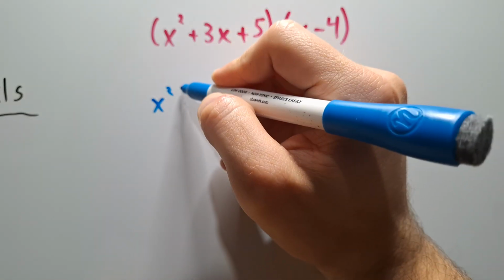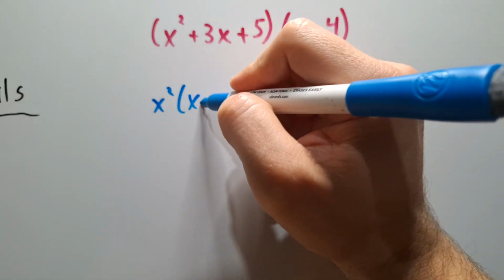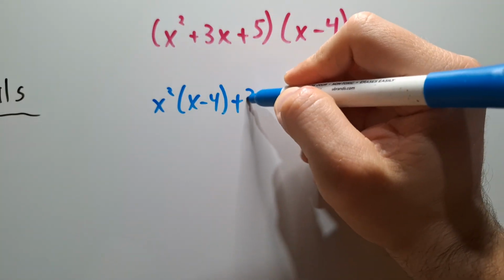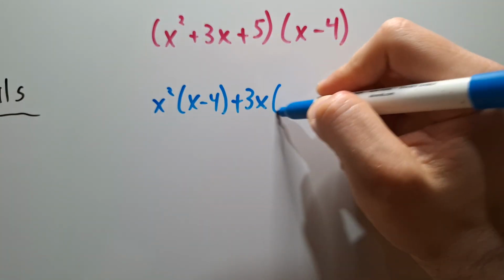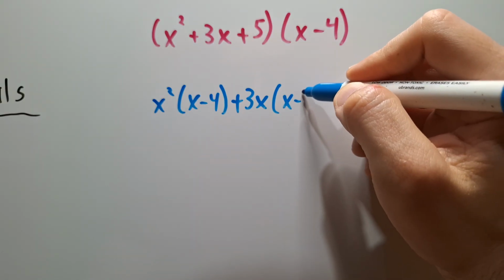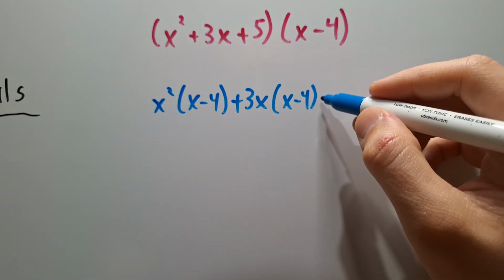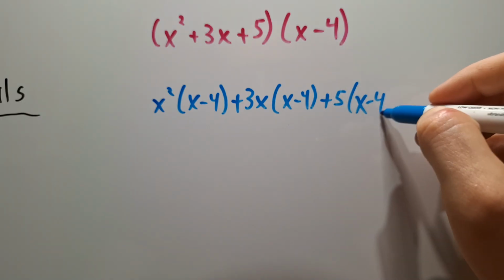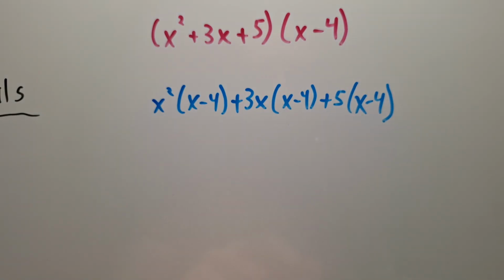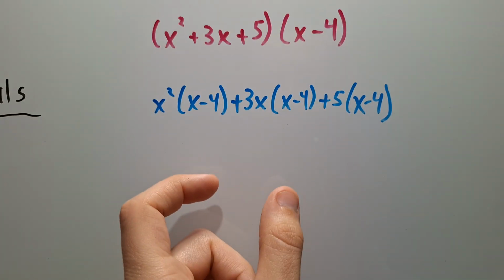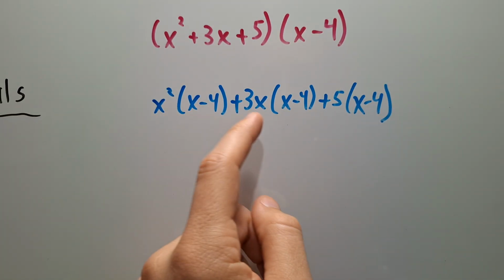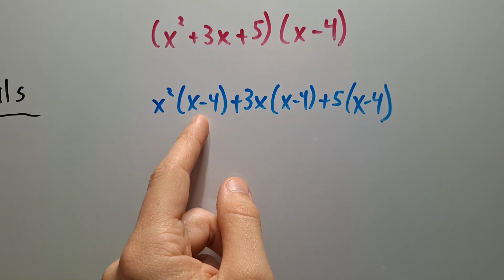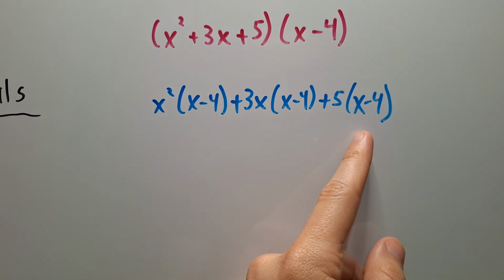x squared times x minus 4, plus 3x times x minus 4, plus 5 times x minus 4. So again, think of x minus 4 as a single quantity, and then what it looks like is distribution of a monomial to a binomial.